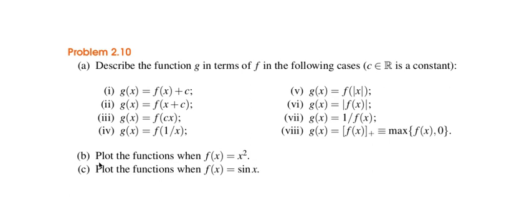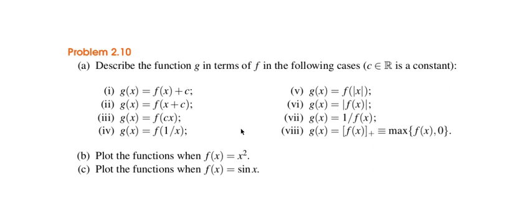Okay, so all different variations of f. And so B and C ask us to plot these functions when f is x squared and when f is the sine of x. I think the easiest way to show you guys is to actually plot these functions with x squared and sine of x, and then talk about what these operations on f do.